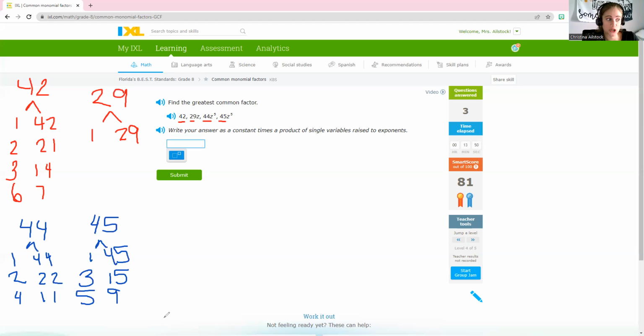wondering if maybe some of you figured out? Once we got to this one right here, 29, we realized there's nothing else that works with 29.